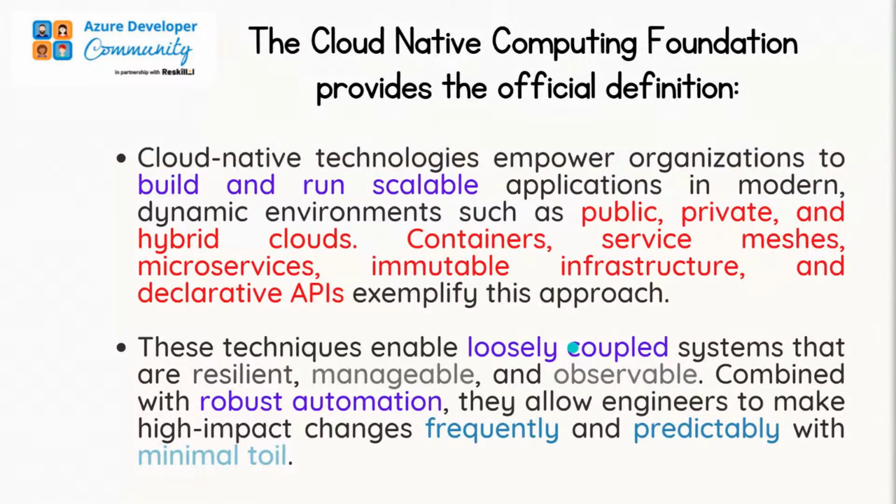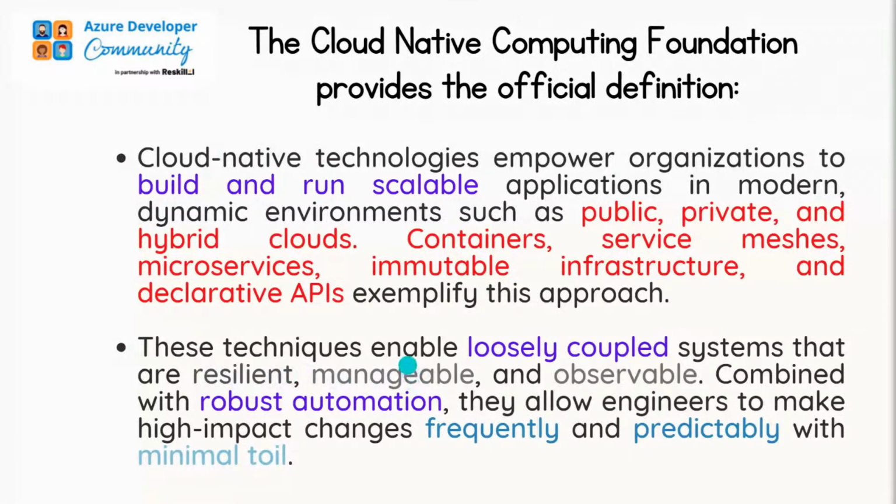That is what loosely coupled means: the intra-module communication is very high, but at the same time inter-module communication is very low. The system will be very resilient, manageable, and observable.